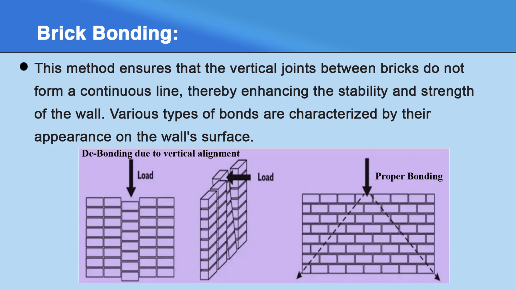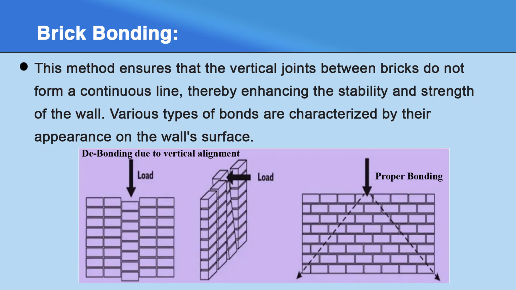The functions and structural importance, the very first point. Under this, as far as the importance is concerned, the very first thing is load distribution. The primary function of brick bonding is to distribute the loads imposed on the wall evenly across the structure.